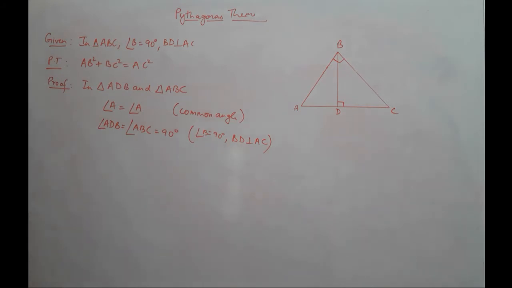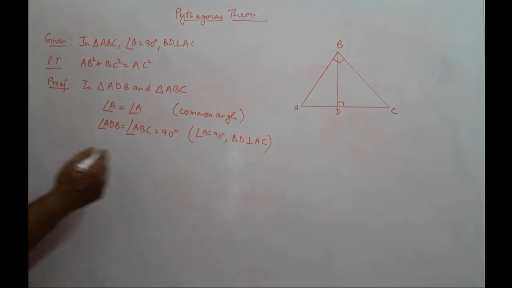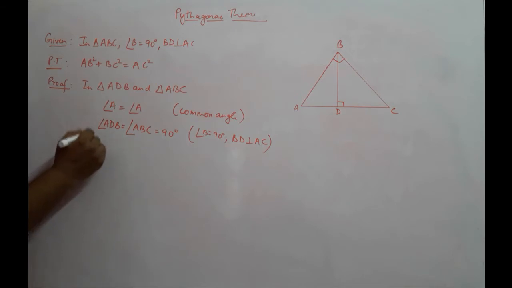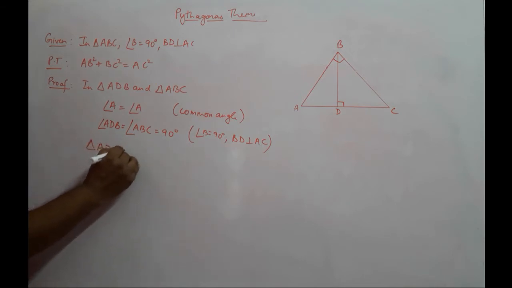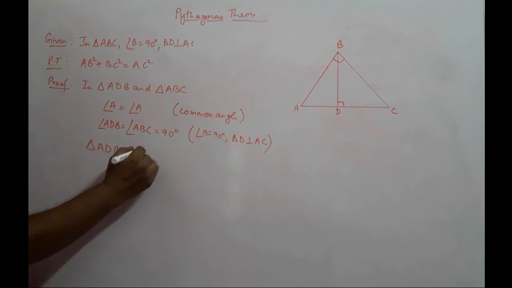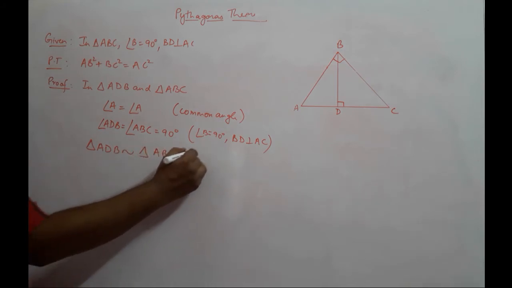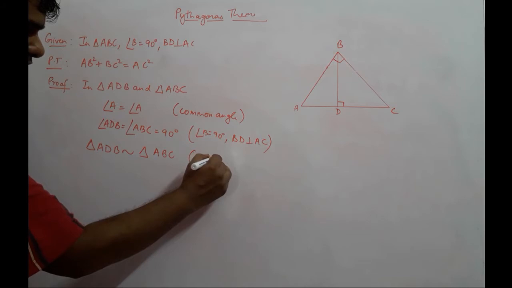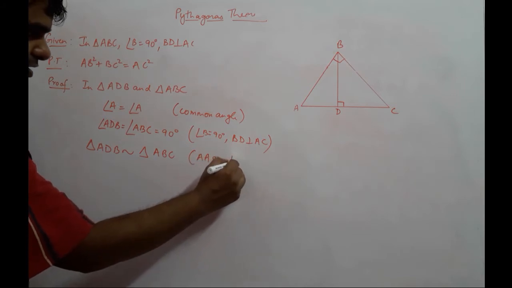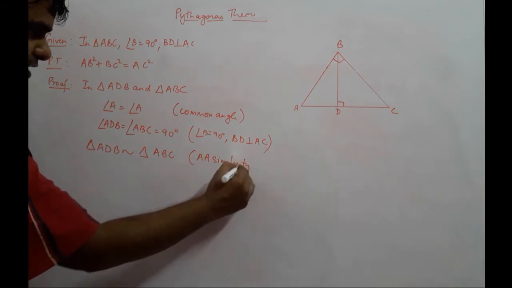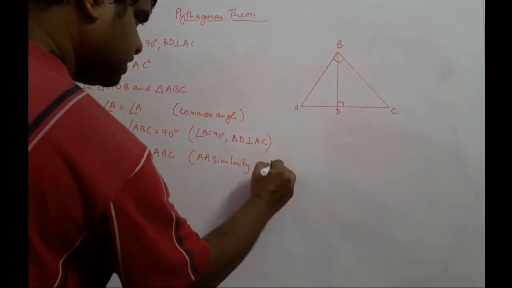Okay, so we've got two angles which are equal, so by AA similarity we can get triangle ADB is similar to triangle ABC, and the reason you can say is AA similarity criterion.